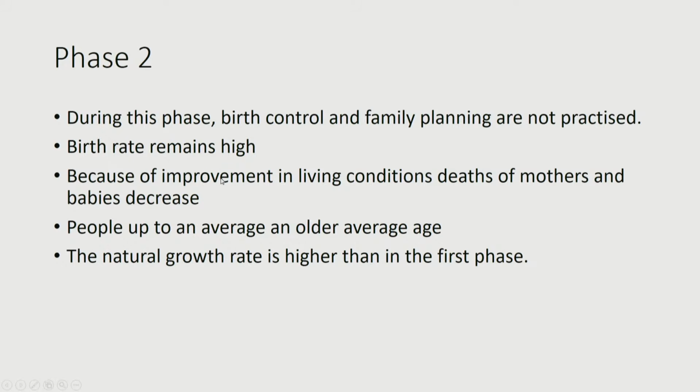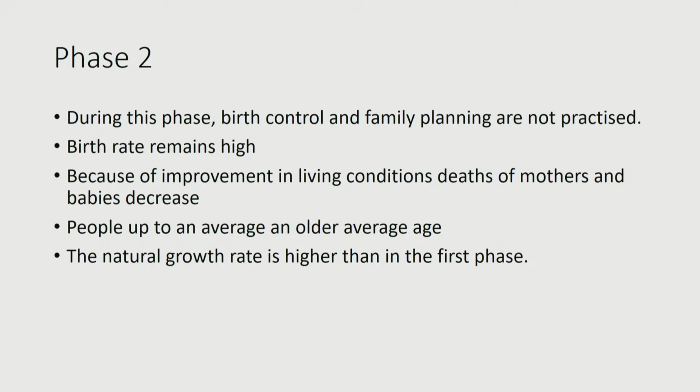So one can expect that during the second phase, at least medical care is there for people. Because there is now medical care, the death of the mothers and the children starts to decrease. People are not dying in large numbers, however, people are giving birth in large numbers, which means the population growth increases.